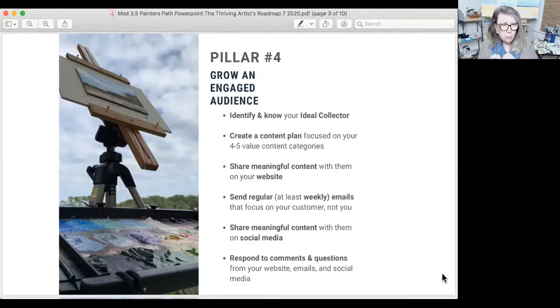The real kicker here, the way that all comes together, is that you're going to move people. Your goal is to move people from social media to your website to sign up for your email list so that you can speak to them more directly. One of the biggest errors I see people make is that they put up a website and they sit back and wait for all the customers to come.